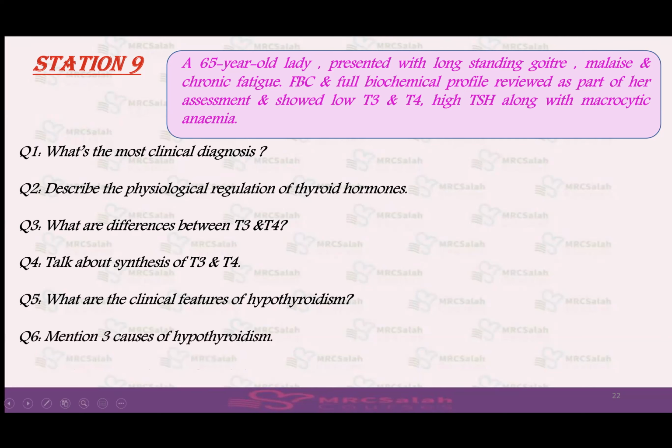Mention 3 causes of hypothyroidism, Dr. Saeed. It may be autoimmune like Hashimoto's thyroiditis, primary hypothyroidism, drugs, irradiation, or iatrogenic causes like surgery, post-radioactive iodine or post-radical surgery, radiotherapy. Yes.